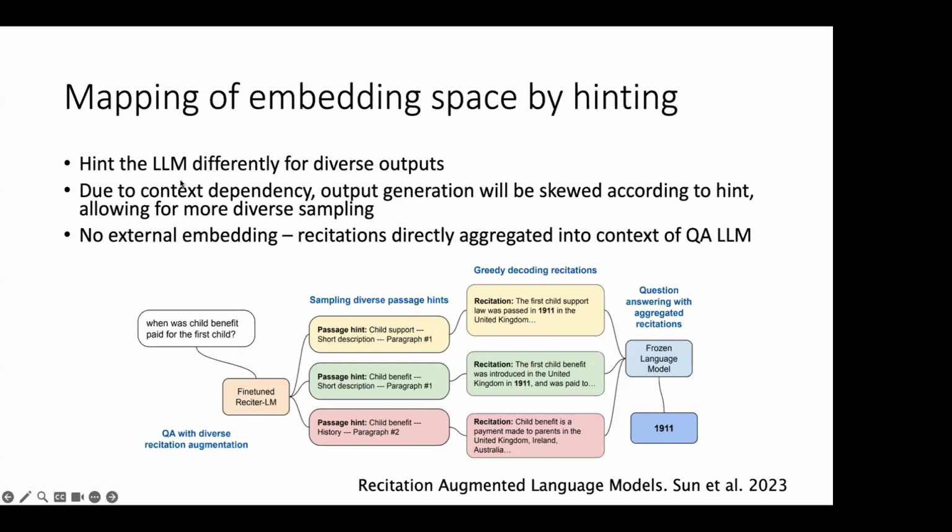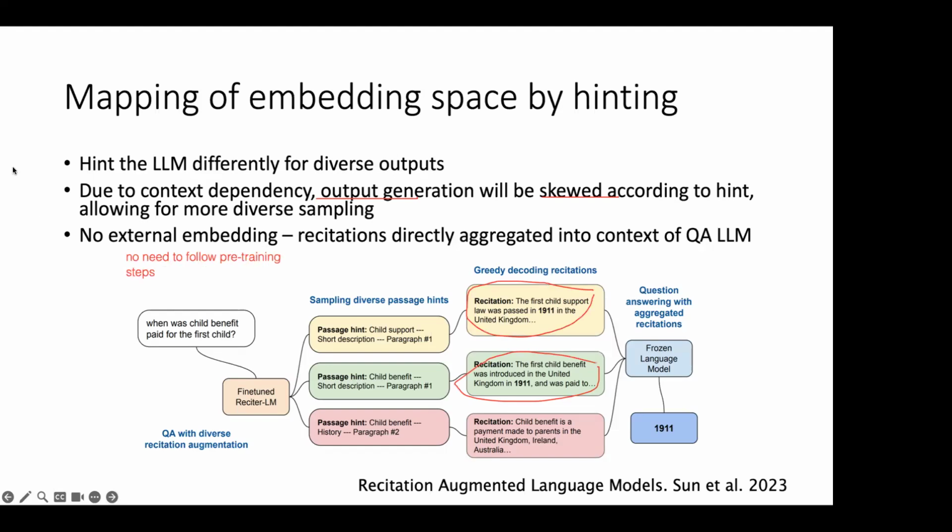So the idea is that we actually have a way to map, okay, using the hints, we can actually recite different parts of the paragraph, like different paragraphs here. Okay, and we can generate skewed output. We don't have to follow what the paper did with all the pre-training steps because I think it's very complicated.